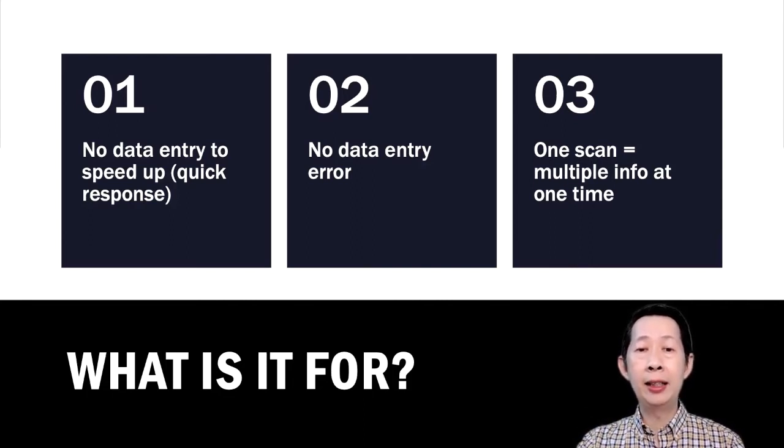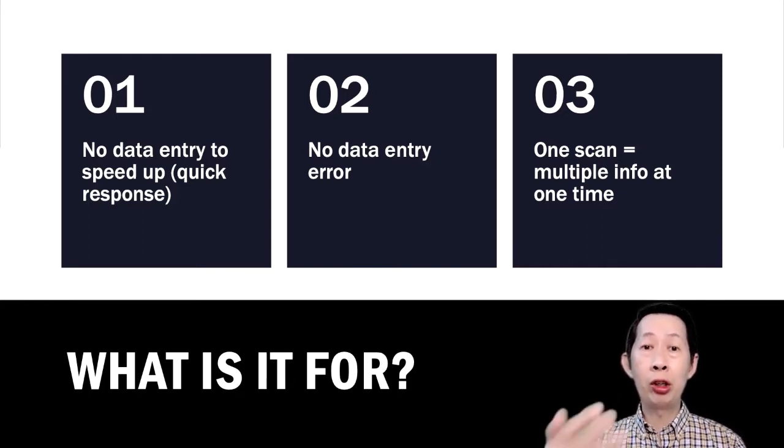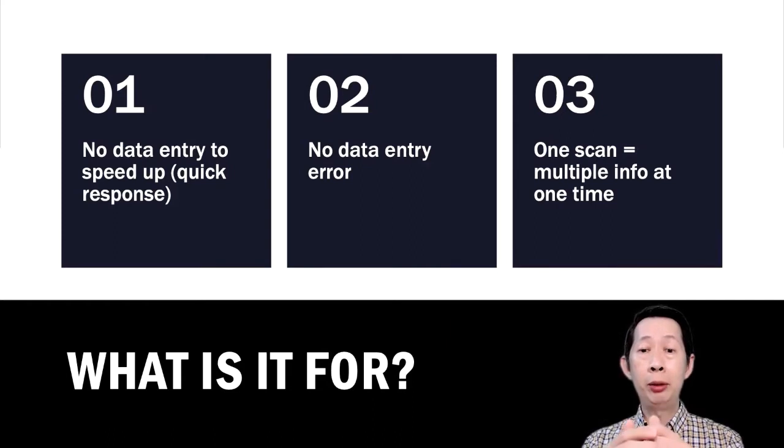Second, with no data entry, there's no data entry error. If I tell you andrewcheah.com, you might not know how to spell it, or sometimes we have fat fingers and type wrongly, and then you cannot find my website. So there are no data entry errors, and it's fast and easy to transmit information.